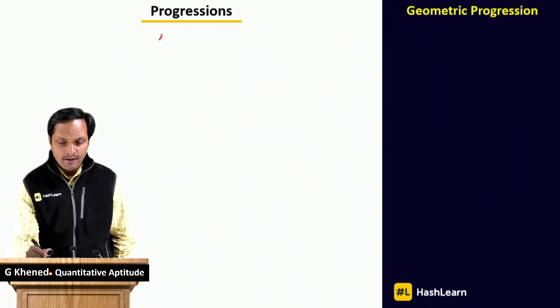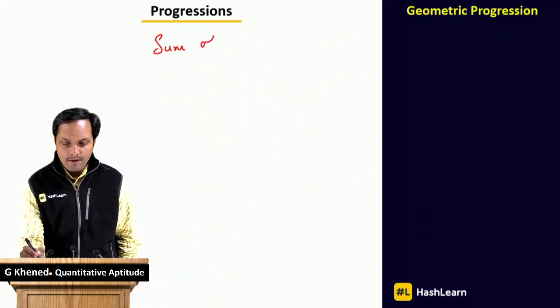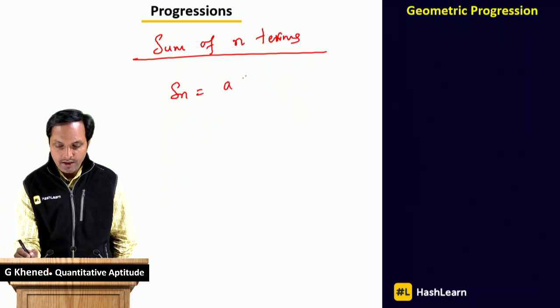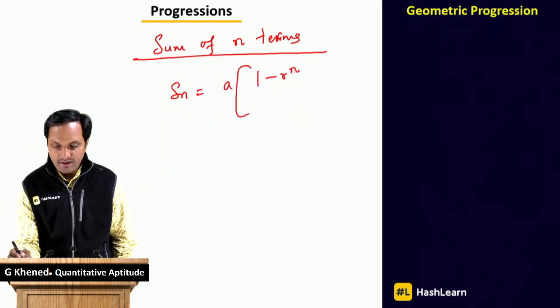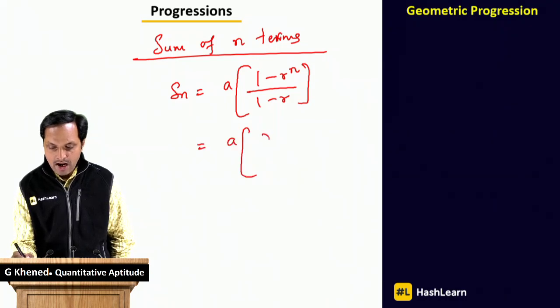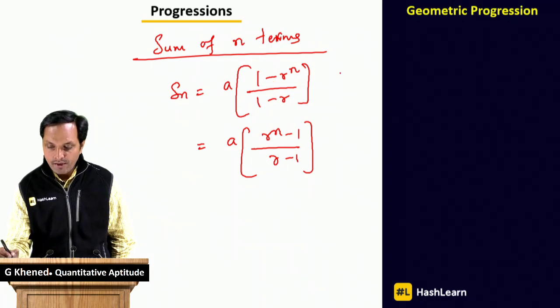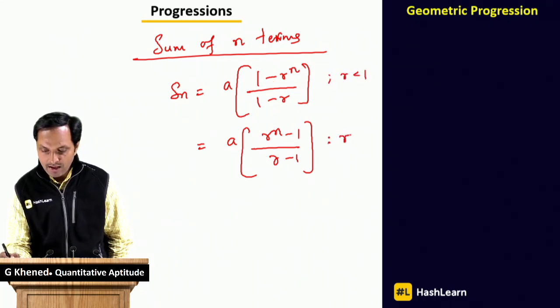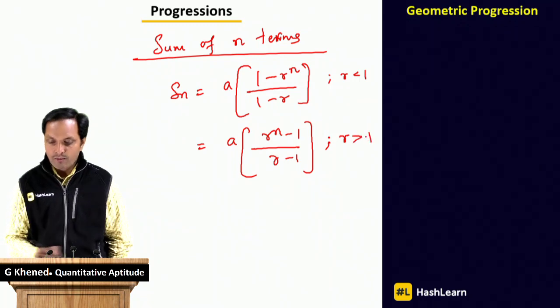Then you have the sum of n terms. What is the sum of n terms? Sn is a into 1 minus r power n divided by 1 minus r, and you have one more formula, a into r power n minus 1 by r minus 1. You use the first formula if r is less than 1, and the second if r is greater than 1.